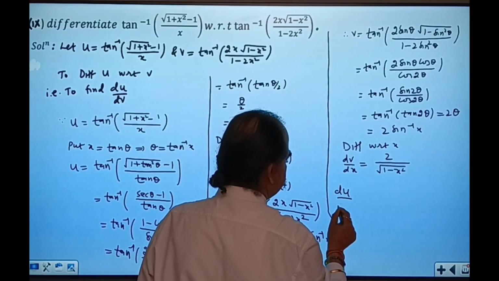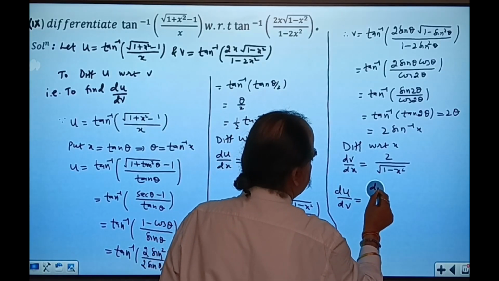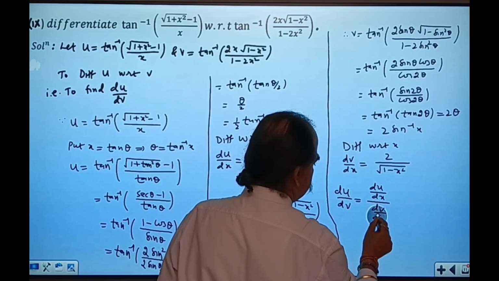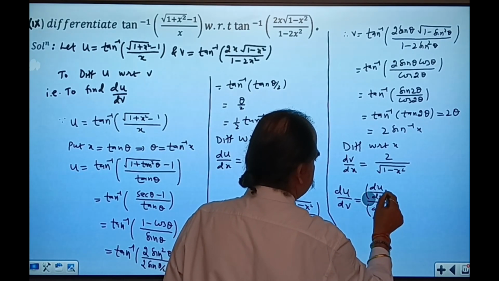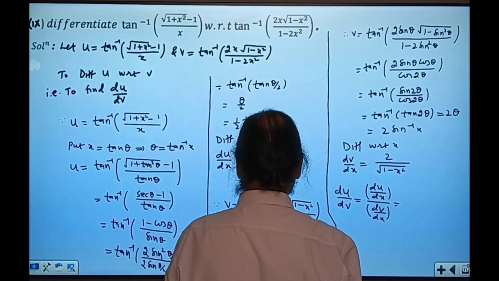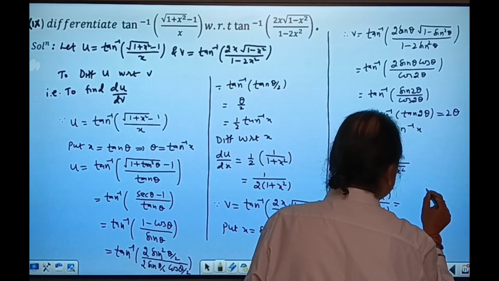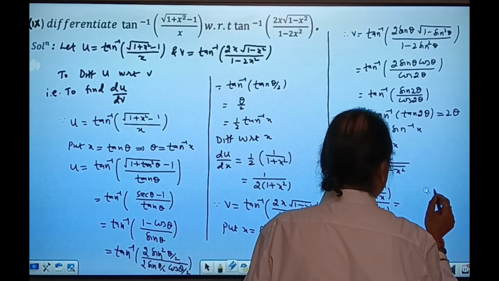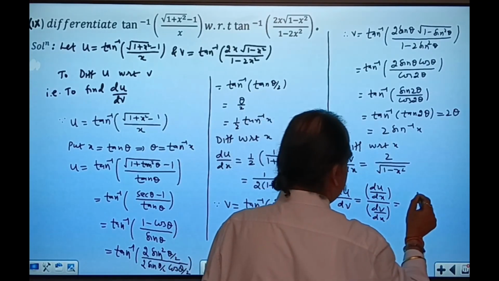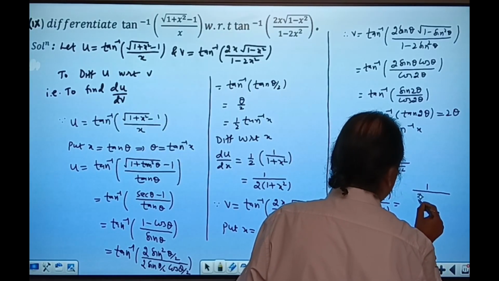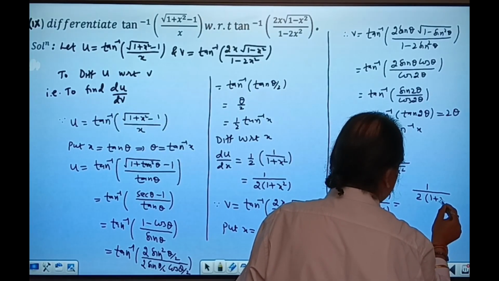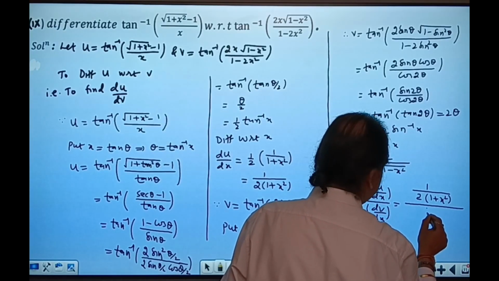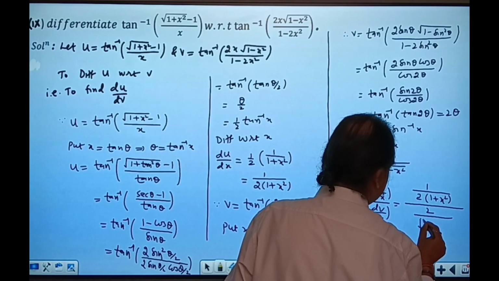We need du by dv. Du by dx upon dv by dx. Du by dx is what? 1 by 2 upon 1 plus x square, divided by 2 upon root 1 minus x square.